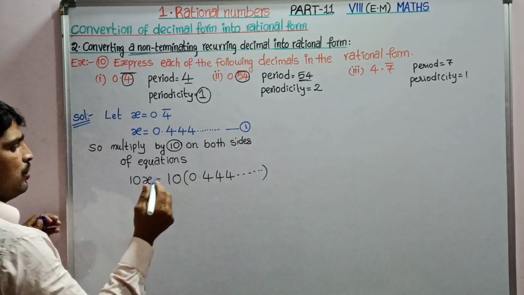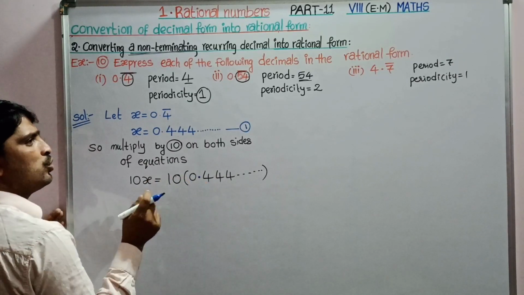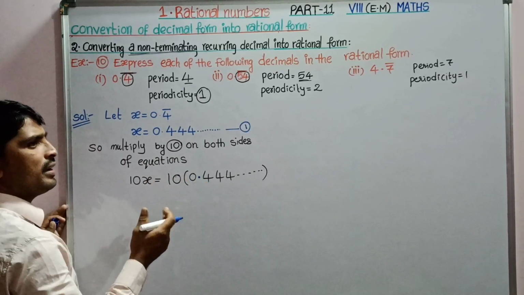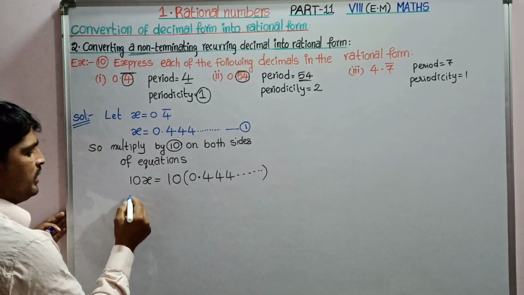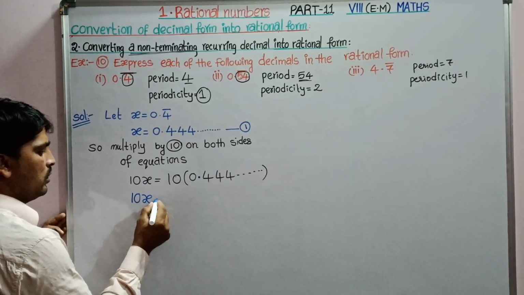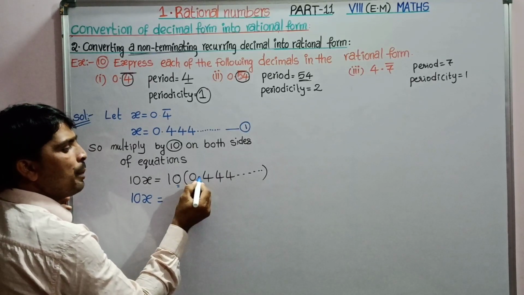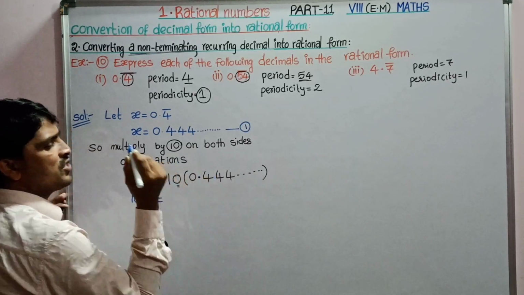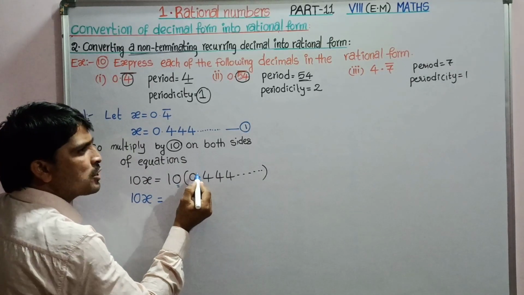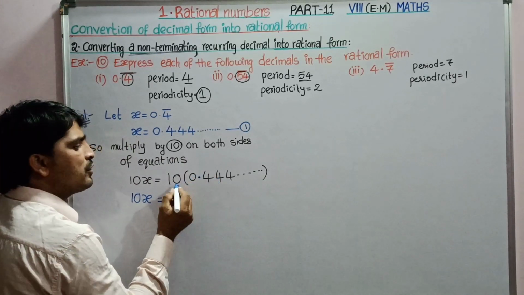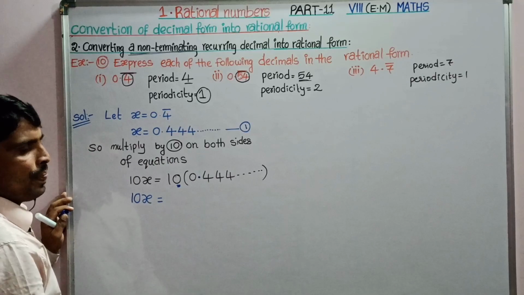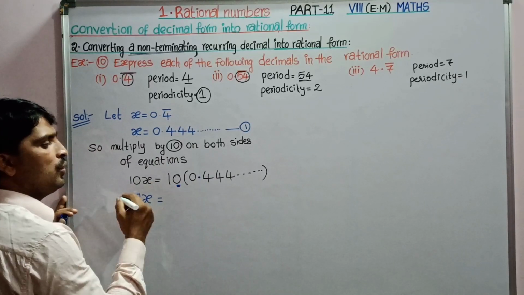In 7th class, we saw how to multiply a decimal number by 10, by 100, by 1000. That is, 10x equals, since we are multiplying by 10, the decimal point moves to after 1 digit, as 1 annexed with a single 0.